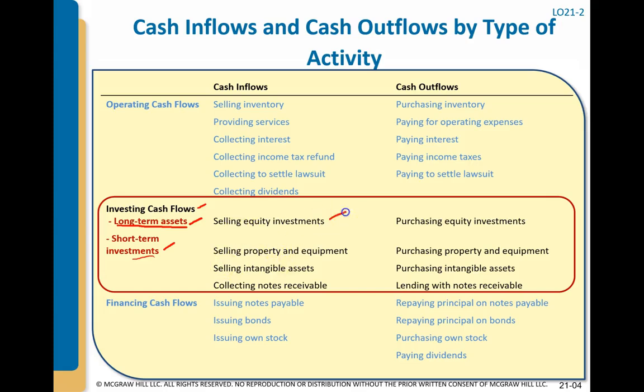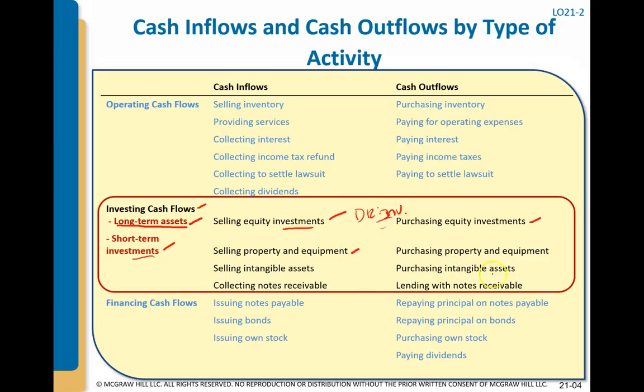So if a company sells investments or purchases investments in other companies, that's going to be in the investing activities section. If we invest in another company, and let's say the company paid cash, the journal entry would be debit investments, credit cash. Investment is a long-term asset.